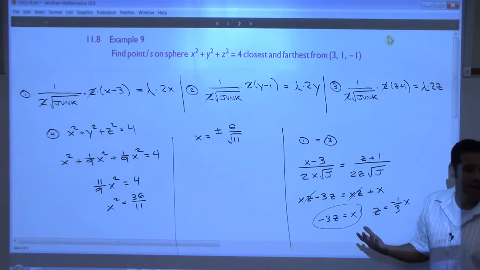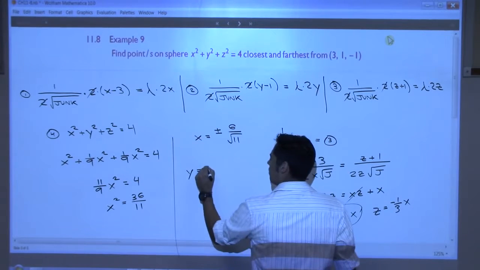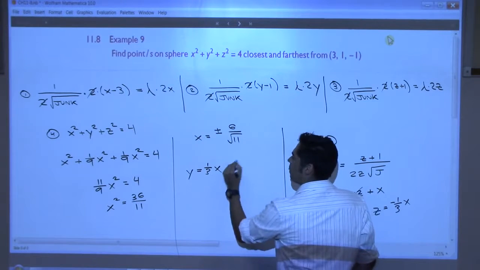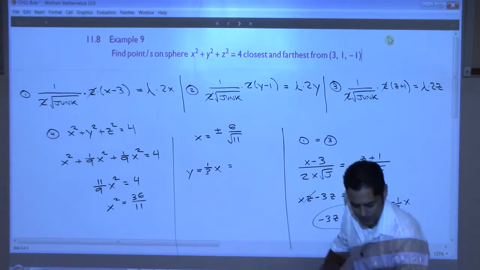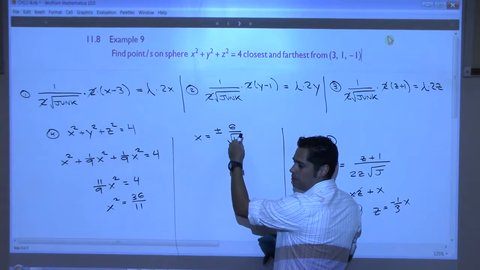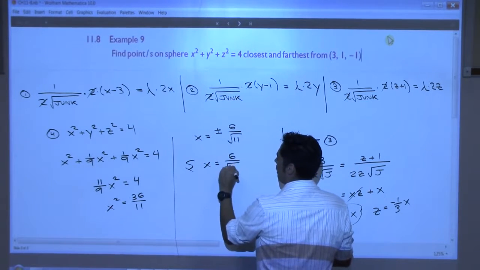Now, how can I get y? Remember what y was? I just erased it. It was 1/3 x, wasn't it? So multiply this by 1/3. Oh, sorry. Let's do this. There's two cases, right? Let's suppose x is the positive one first, and then we'll come and do the negative one.